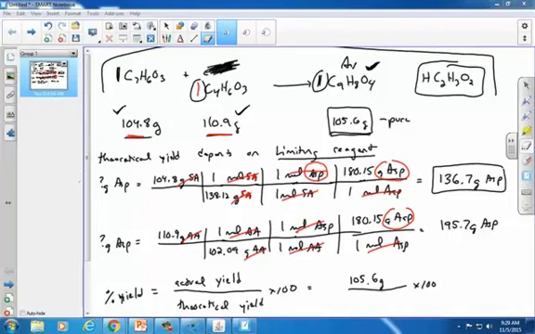I have enough acetic anhydride to make up to 195.7 grams of aspirin, but I can never make this much because I only have enough salicylic acid to make a smaller amount. So the salicylic acid is my limiting reagent. It's the reactant I have a smaller quantity of, and it limits the amount of product I can make. That's the maximum amount of product from this reaction, so this is my theoretical maximum.